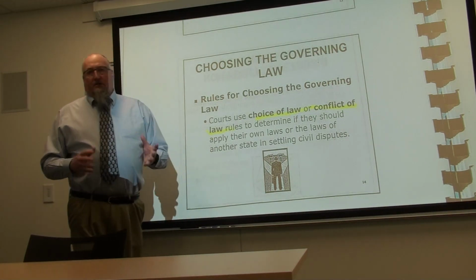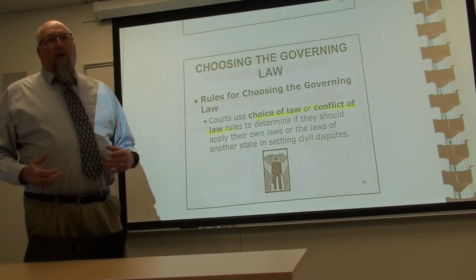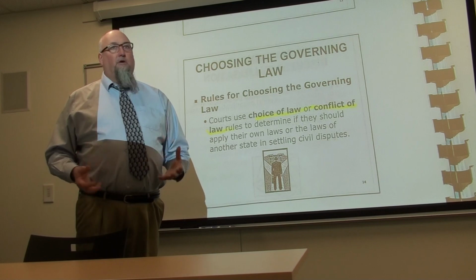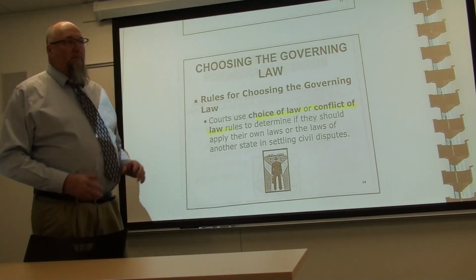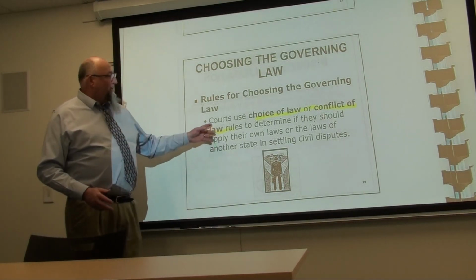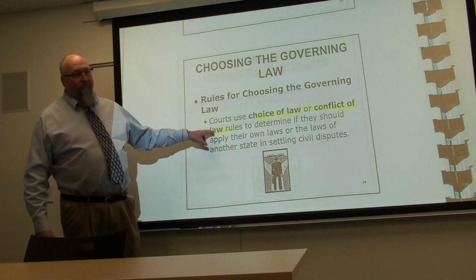So as part of the contract, when I am writing up a contract for international sales, there are various different provisions in the contract that we want to negotiate and discuss, and have language in the contract involving, first of all, choice of law, conflict of law rules.